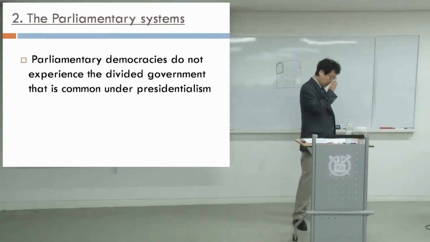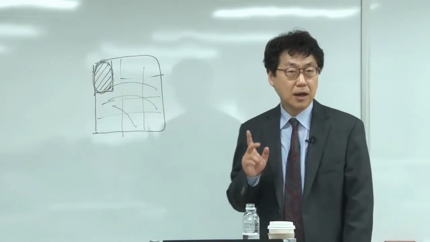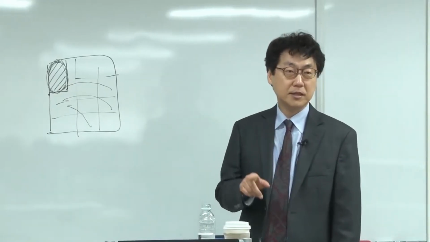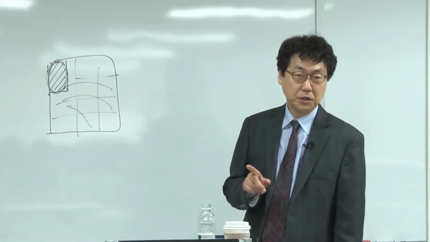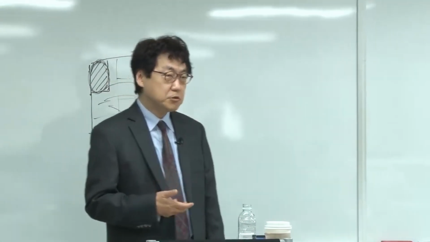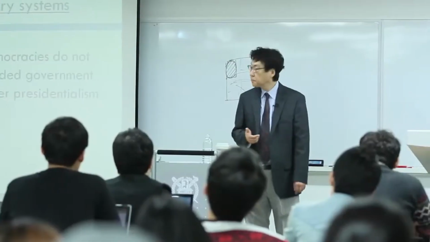Now, in a parliamentary system, since prime minister can dissolve the parliament and parliament can pass the no confidence motion, our first gut reaction is the system should be very unstable.